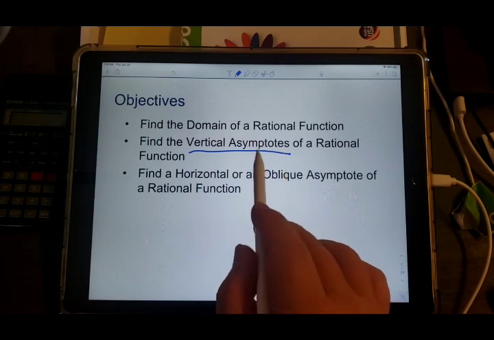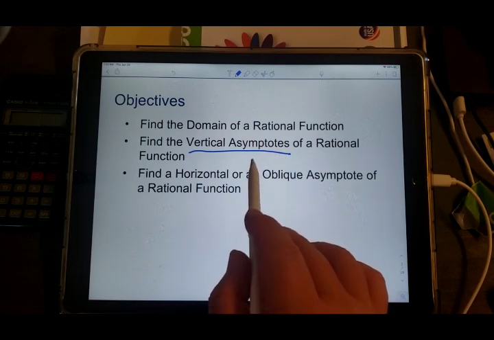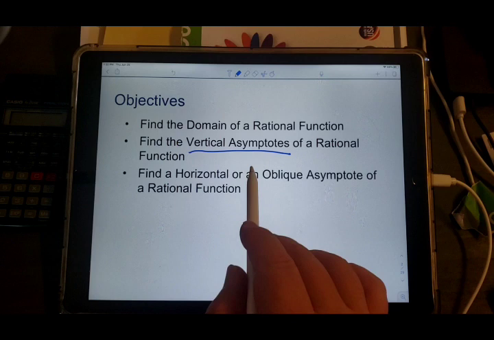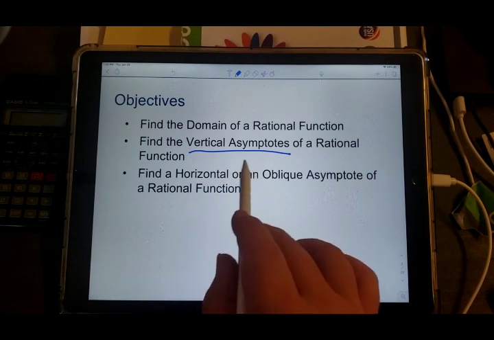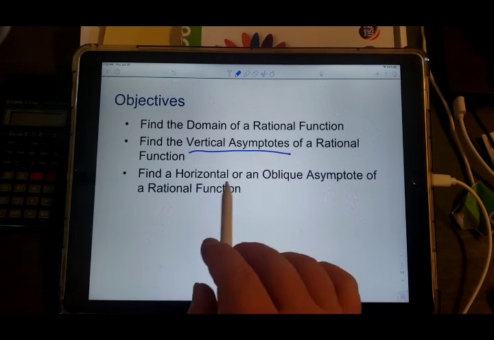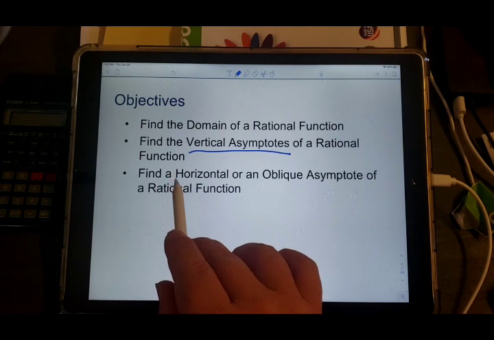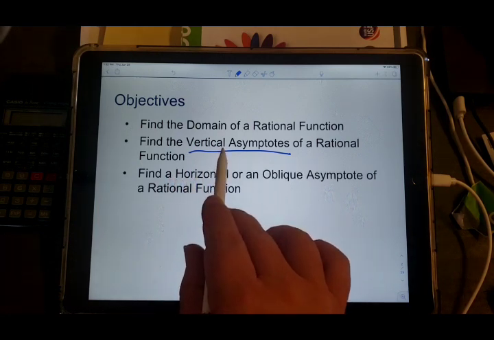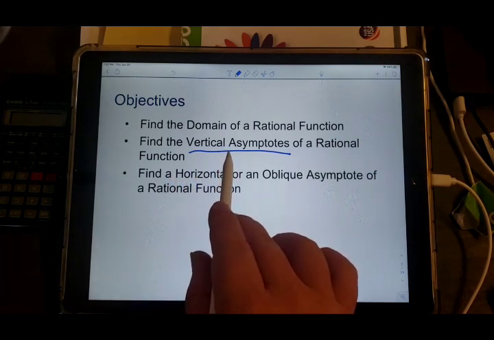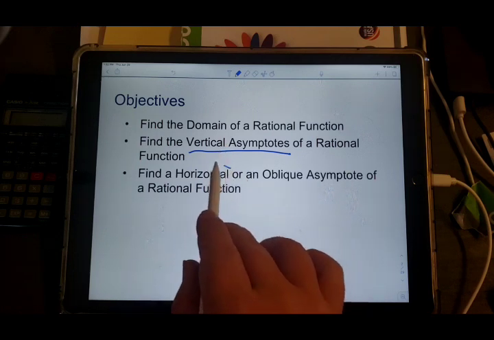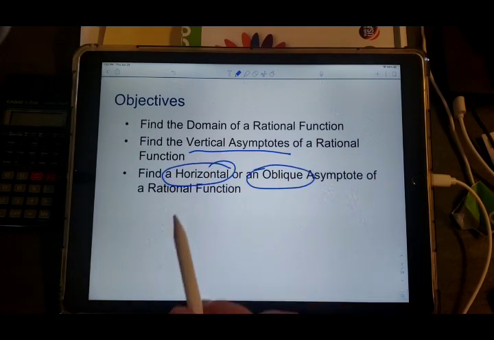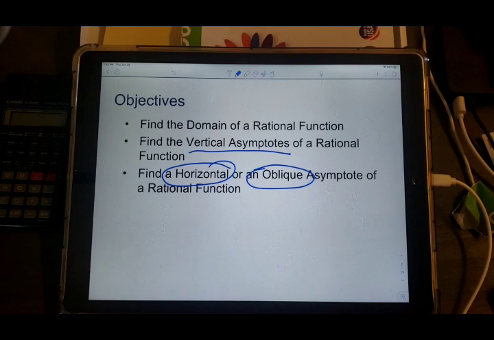Asymptotes, very important topic, but their importance is beyond just finding the asymptote, so I'll touch on that. And then you may have asymptotes in two categories: vertical, and then what we call horizontal or oblique asymptotes. And obviously you want to be able to find those.